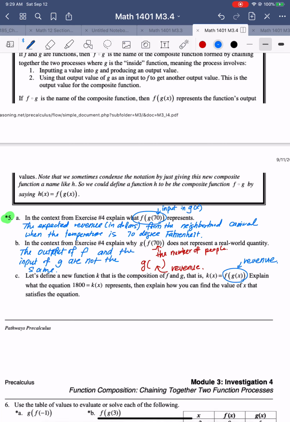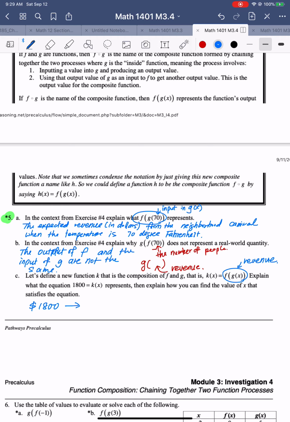So 1800 should be the money. And now we have to think about the input for the f function, which means we have to find how many people.